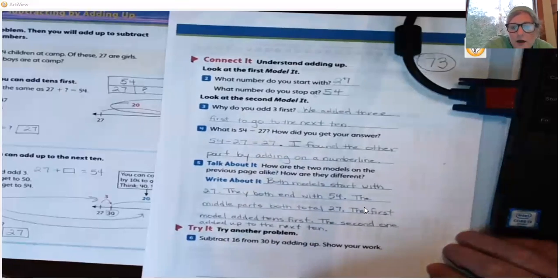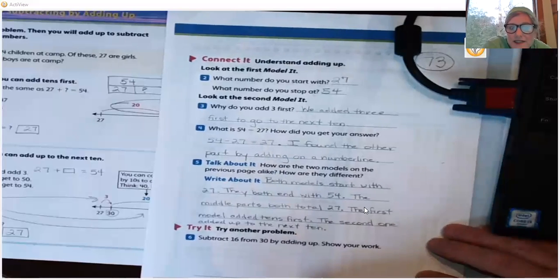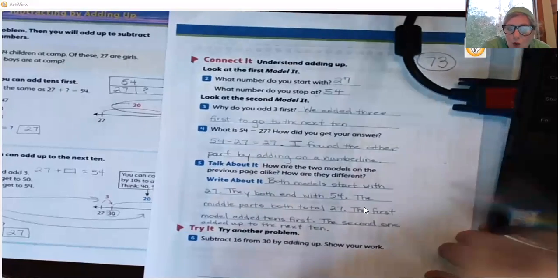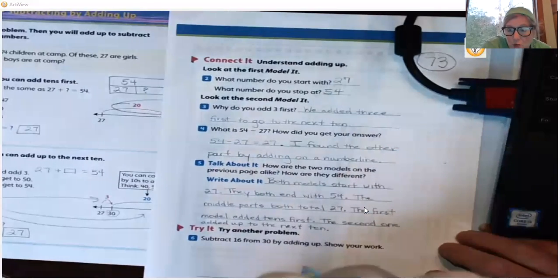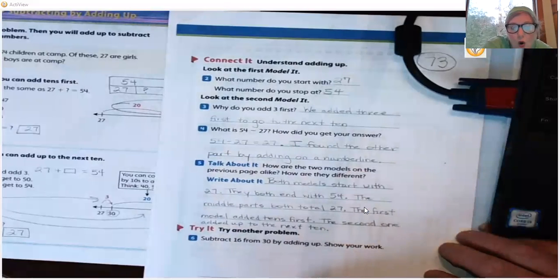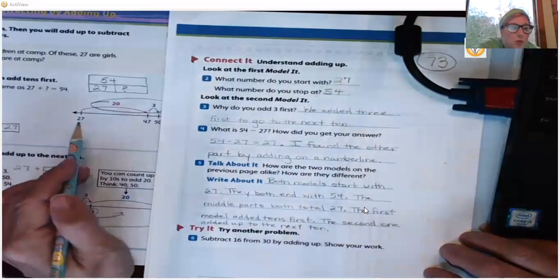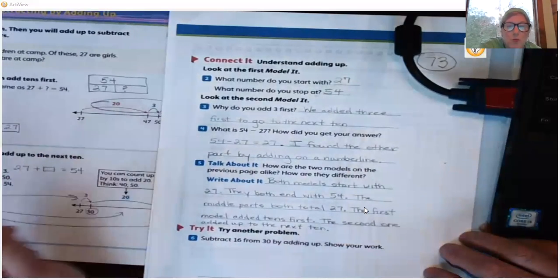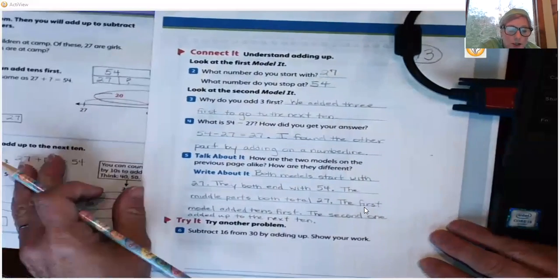The main concept here to summarize is that in both, you were starting at the same number and counting up to the whole. You were starting with the part 27 that you were given and counting up to the whole, and you were trying to find out the other part by counting up on a number line.